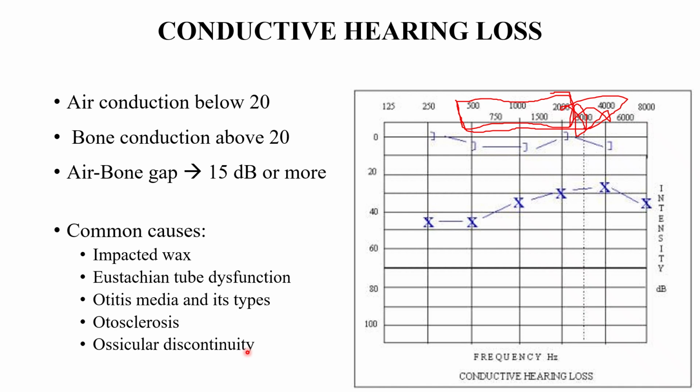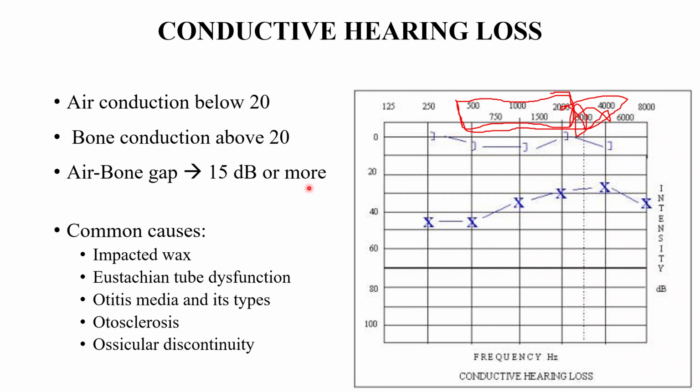Now for sensorineural, again I will emphasize, when you are detecting or interpreting an audiogram, the first thing is the type of hearing loss. To determine the type, two things have to be remembered. One, for conductive loss the bone conduction will be above 20 in the normal range, and air conduction will be below 20 in abnormal range.